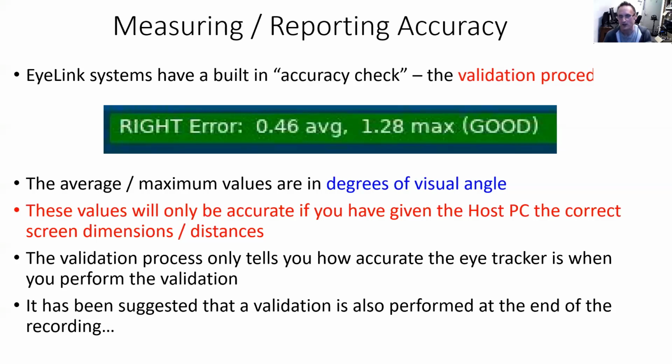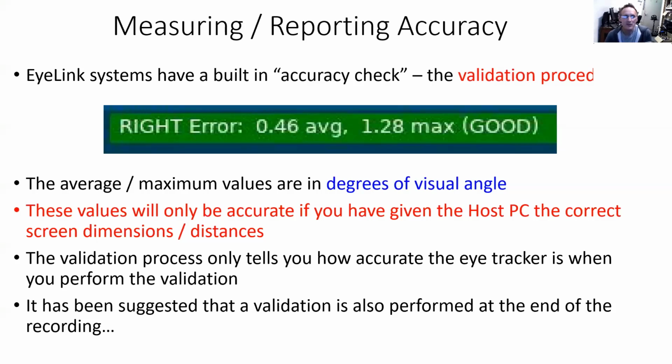I don't have the time to go into that in detail now, but if you're unsure whether your host software knows what your screen dimensions are and you're not passing that information via your experimental script, then go to your manual and check, and you'll see all the instructions in there.